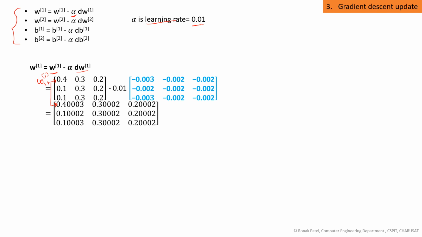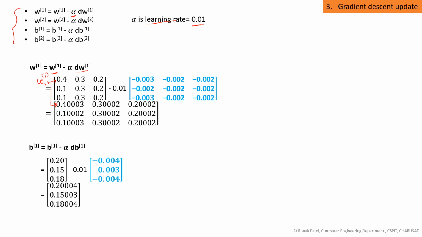Same way for another one, b1 is equal to b1 minus alpha into db1. So if we see this 0.20, 0.15, and 0.18, that is the old value, minus alpha into db1, you will get this new b1. This is your new b1 1, and this is the old b1 1.